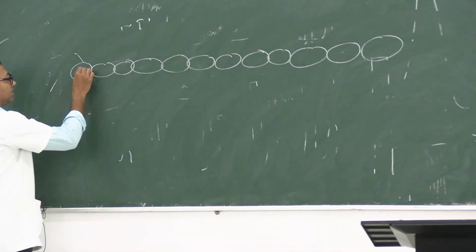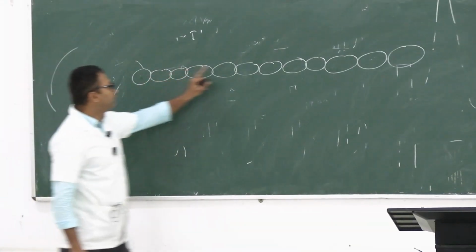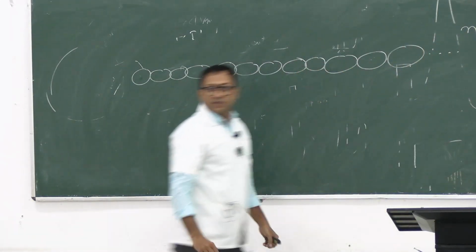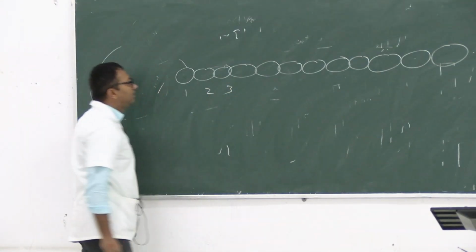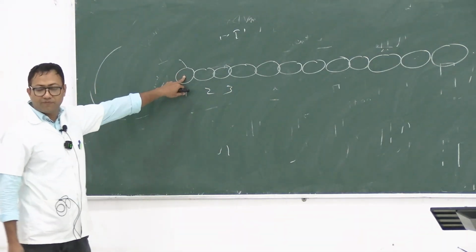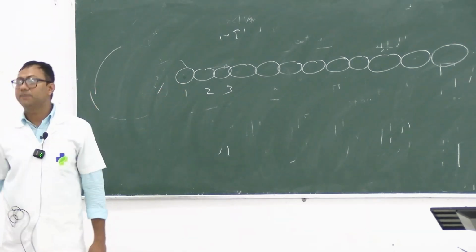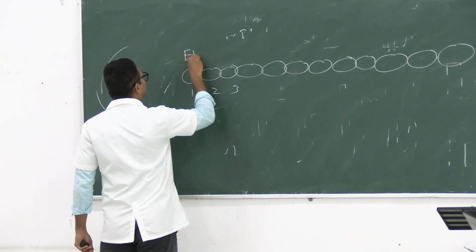So say for example, this cell 1, 2, 3, 4, 5, 6, cell N. Say for example, ये वाला जो first cell है, so there is generation of electrotonic potential, EP.